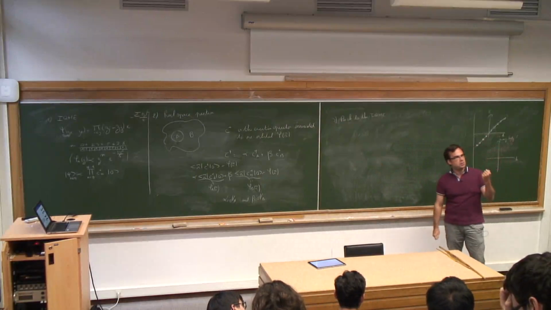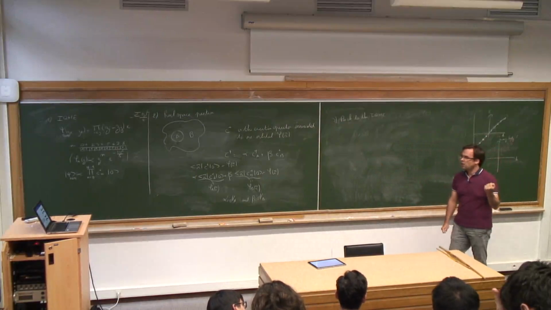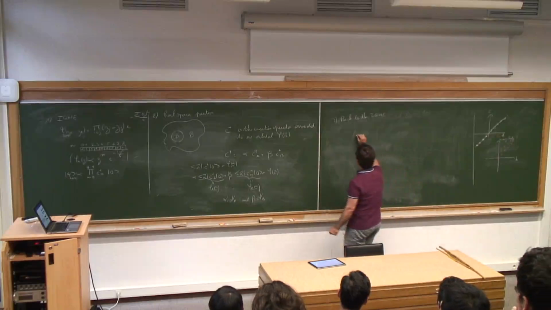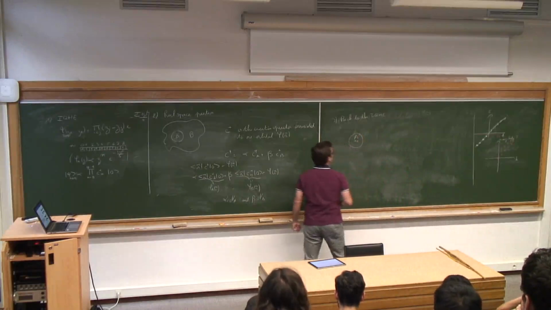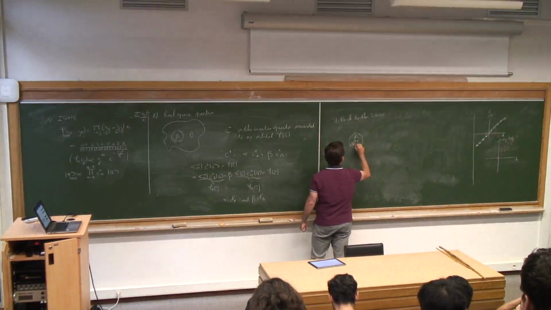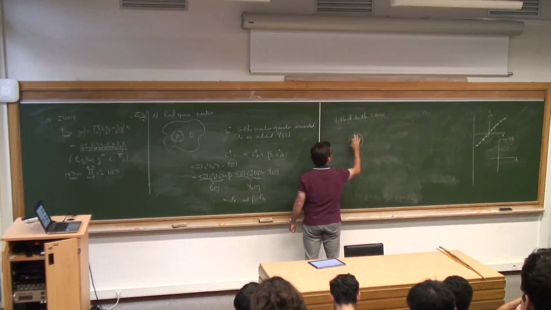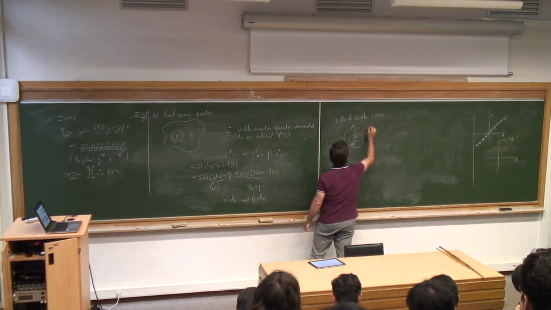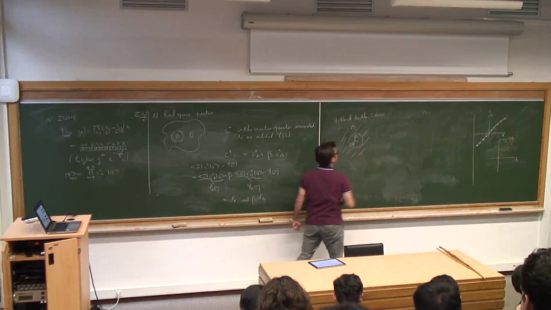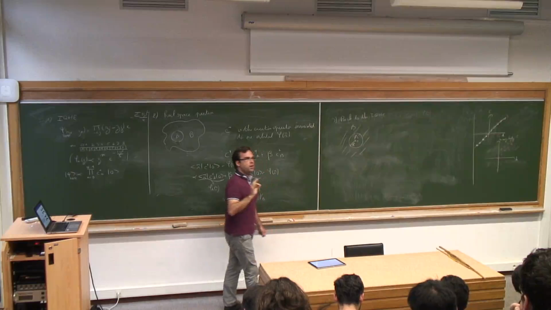Since we use here the symmetric gauge, we will make a cut which is just a circle. Imagine you have the origin of your system, and you make a circle of radius r. Inside the circle will be A, and the rest of the system will be B. So we preserve the rotation symmetry.